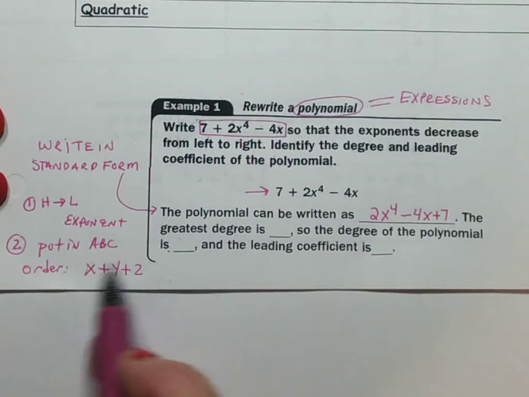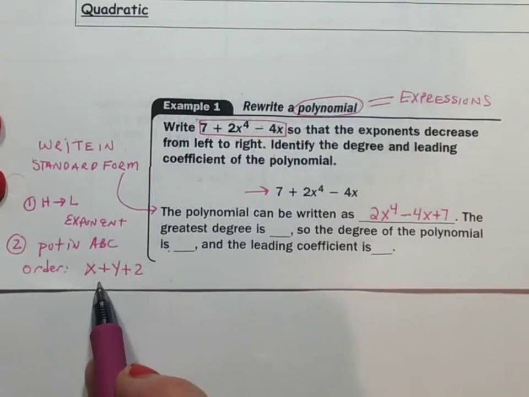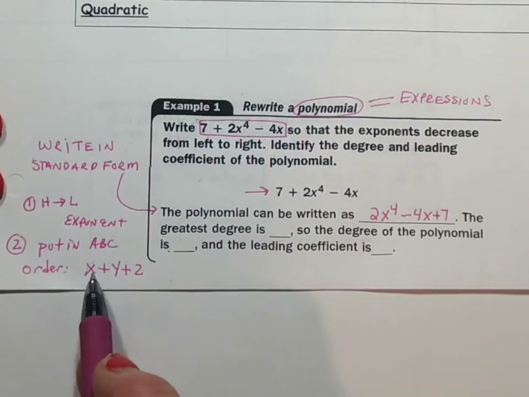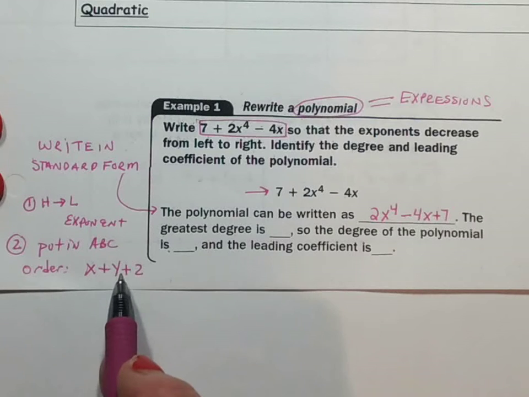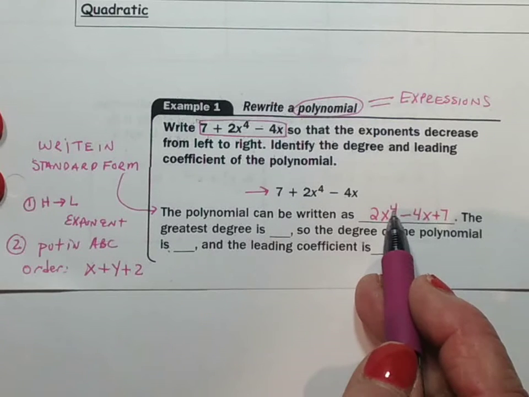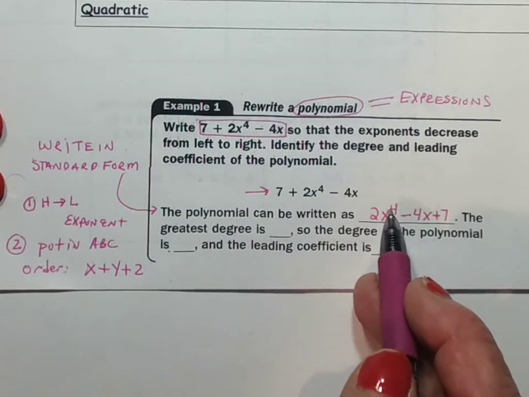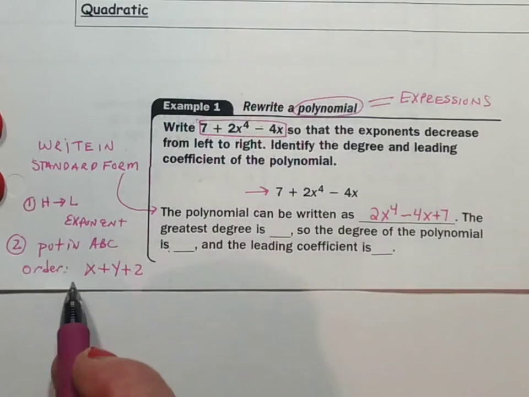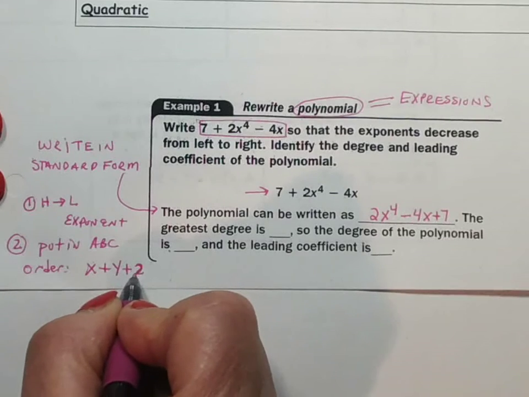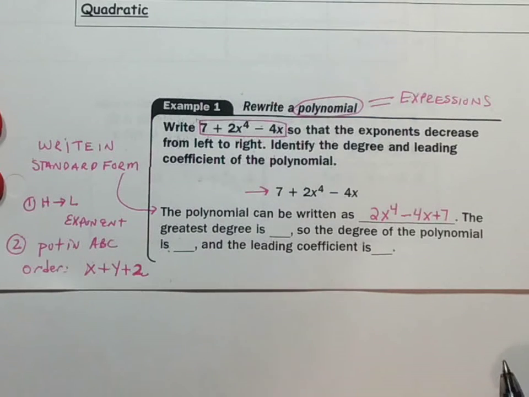Now, we're not going to get too worried about when it gets complicated, with alphabetical x and y and a combination of exponents. At this point, I'm not going to do that to you. And this is a 2, or it could have been a z.